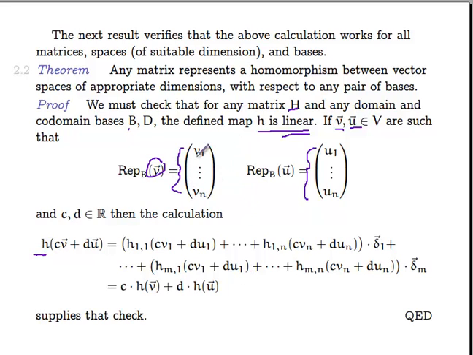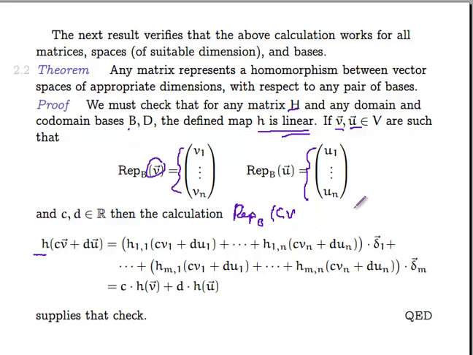Since rep B of V is these coordinates and rep B of U is these coordinates, then we would have rep B of CV plus DU. Let me write that a little bit more neatly.